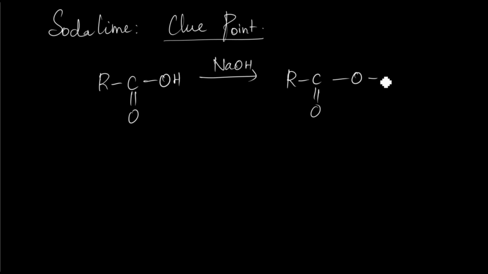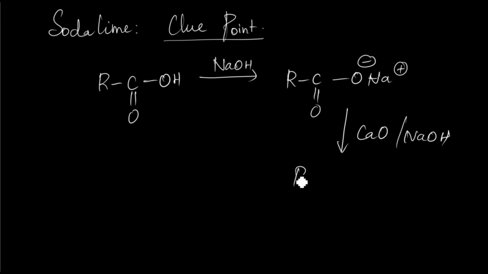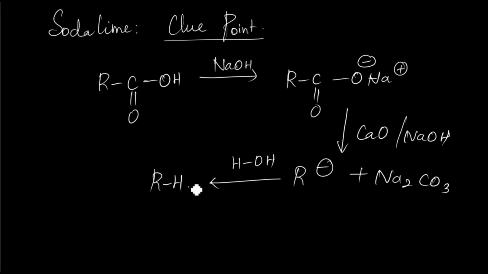Base with acid gives RCOONa, right? Then I'm treating it with CaO and NaOH, which will give you R minus and Na2CO3. This R minus with H2O will give you RH. This step is the rate determining step. So the reaction of acid with base, forming RH, is important.